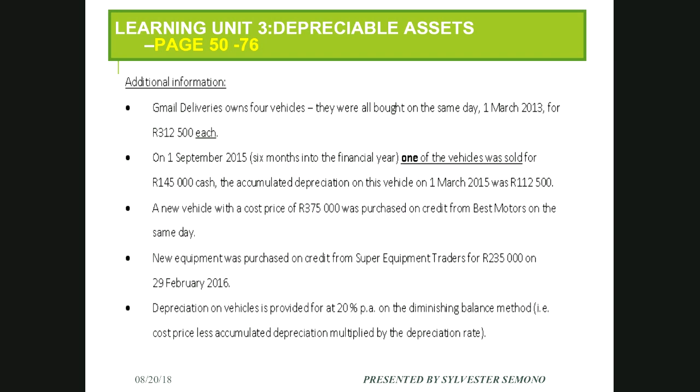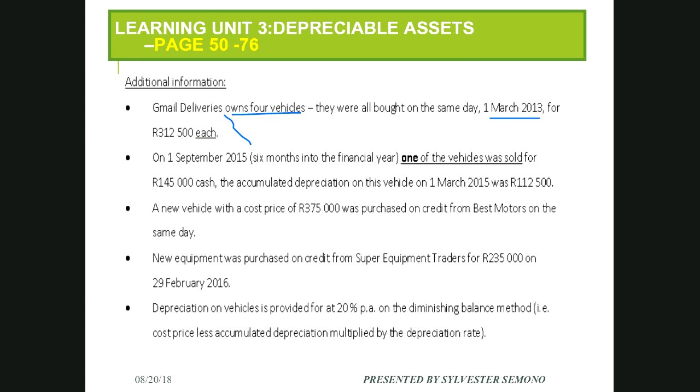Okay. Now we need to be careful again. We need to read the information and understand. Remember, our business is called G-Mail Deliveries. They say we own 4 vehicles, and they were bought on the same day, the 1st of March 2013.